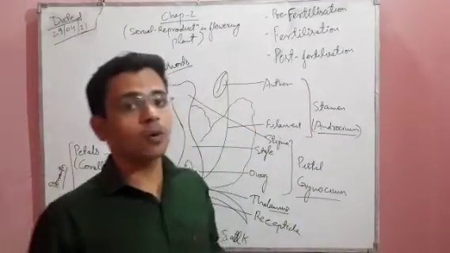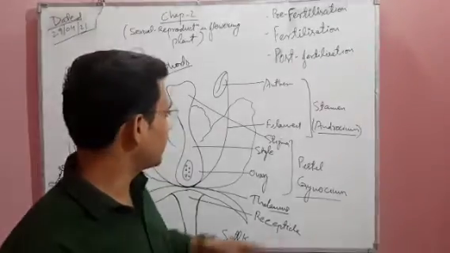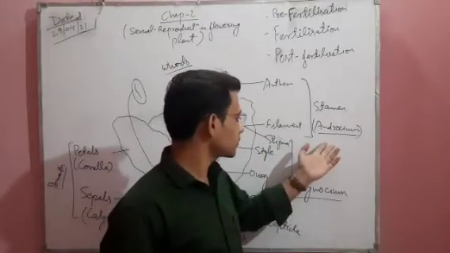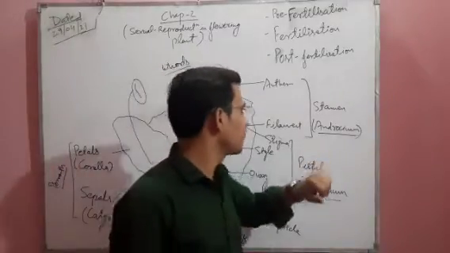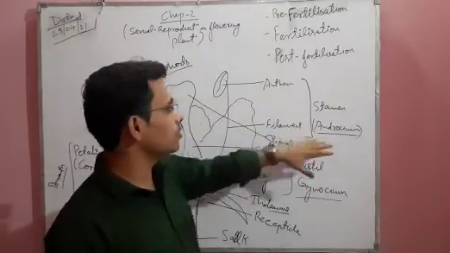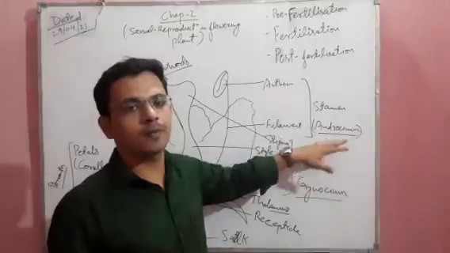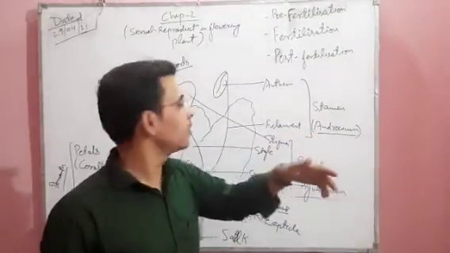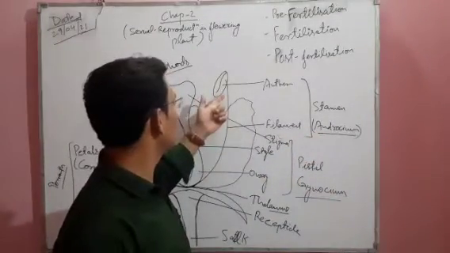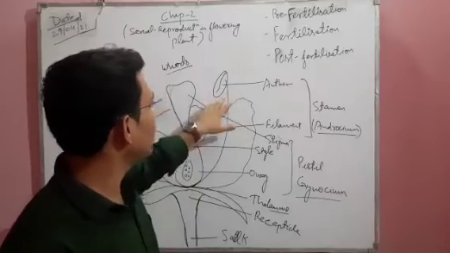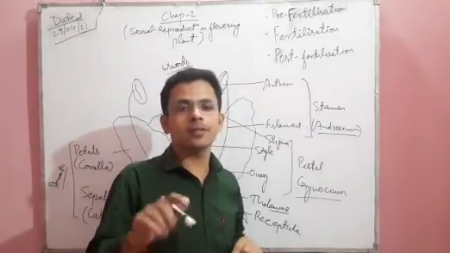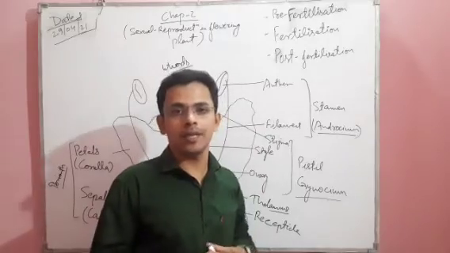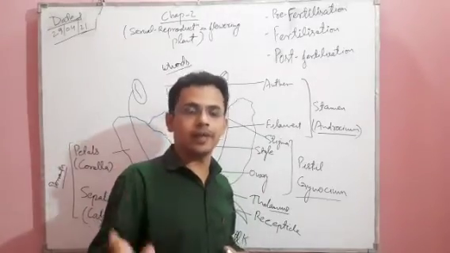So what is the role of these different appendages? We will start with the androecium. As I told earlier, androecium is the male reproductive system of a flower. What is the role of anther? Anther helps in producing pollen grains, and pollen grains contain the male gamete that will fuse with the female gamete.